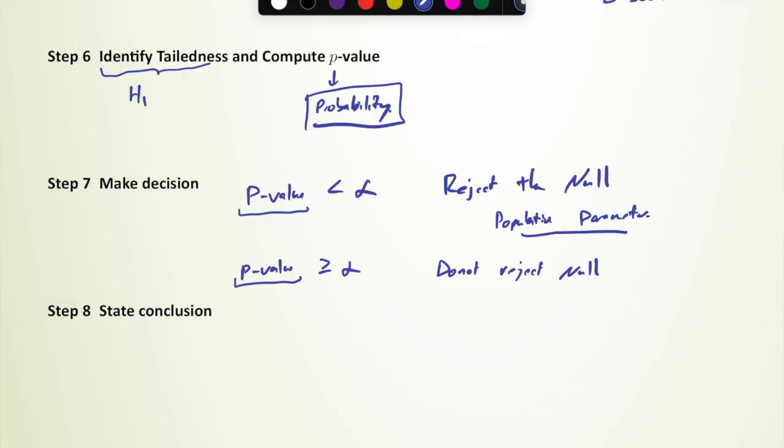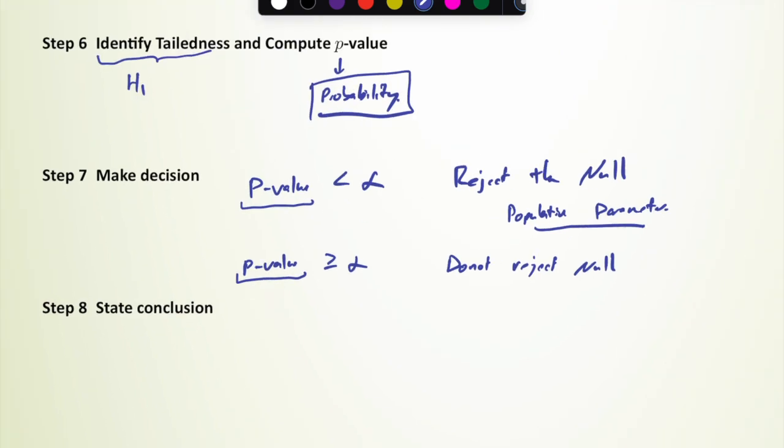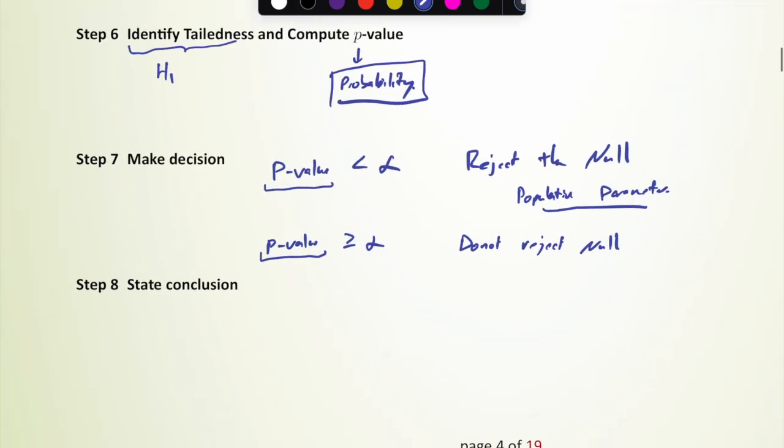I've got no grounds on which to reject the null hypothesis. Okay, now we're going to state the conclusion. And the conclusion has a number of important guidelines that I would like to impose. One, first thing you do is you state whether there is evidence or not.